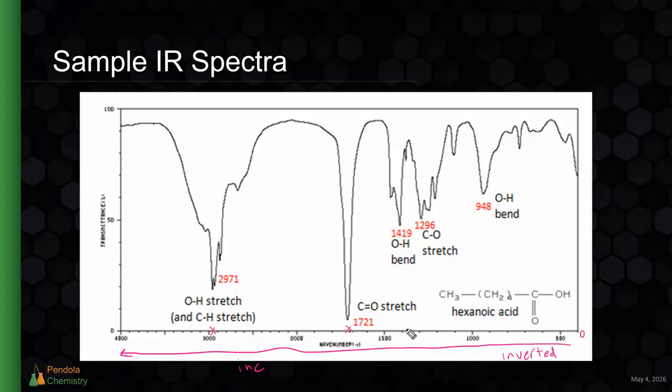But we're not just going to be looking at where those peaks fall on this x-axis. We're also going to be looking at their shape, because notice, some of these peaks are very deep, very narrow, very strong. Some of them are much wider and have a lot of little peaks in them. Some of them are much shorter, like this one right here, that don't go all the way down. And that all tells us different things.